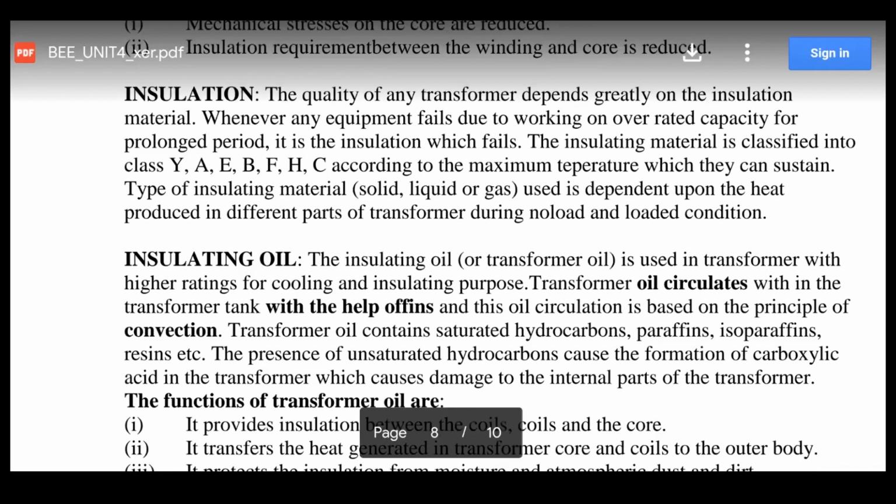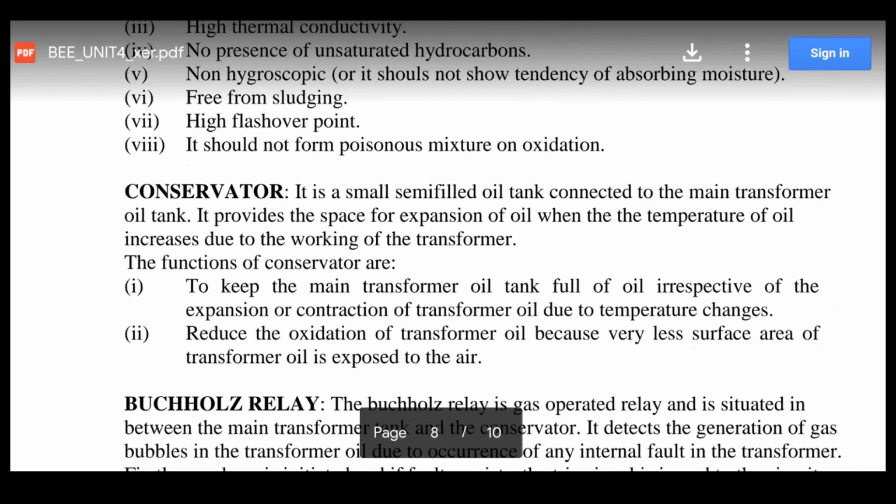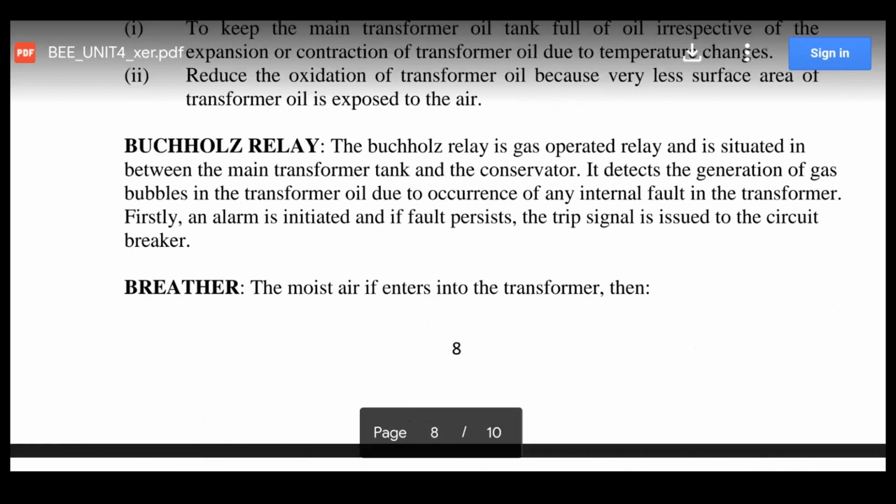So these are the functions and properties of the transformer oil. The conservator is a semi-filled oil tank. I have mentioned the Buchholz relay. When there is more flow of the oil, it generates the alarm circuit, so that if someone is in the vicinity, he can identify it.